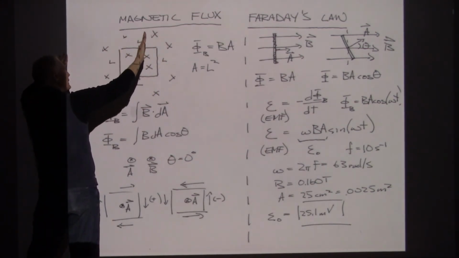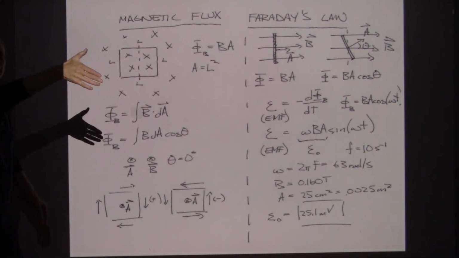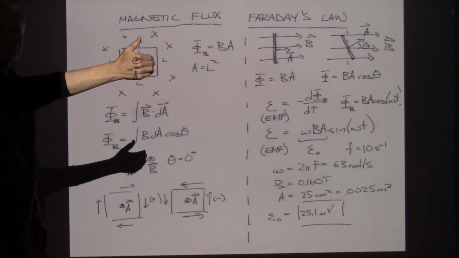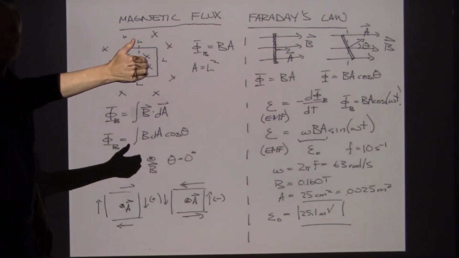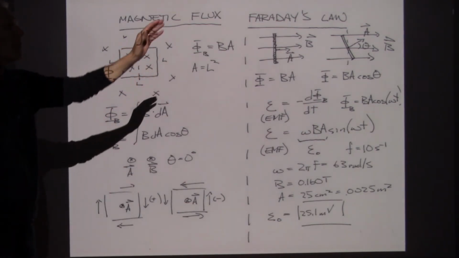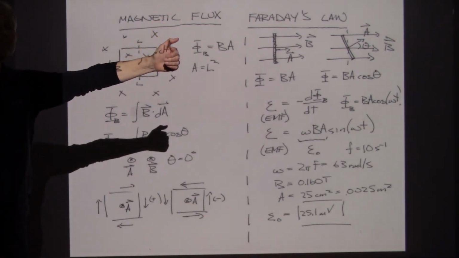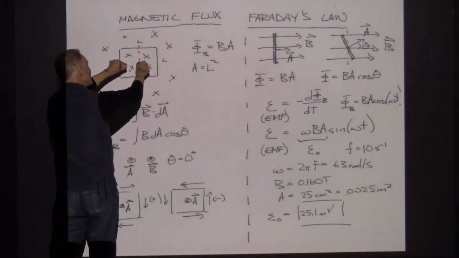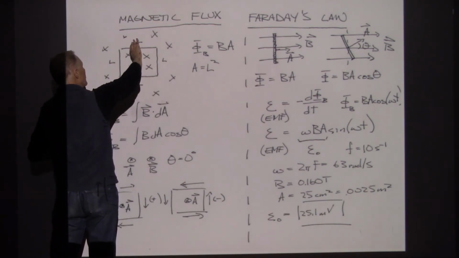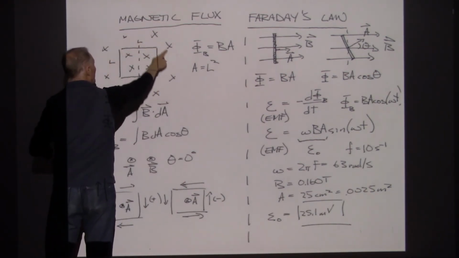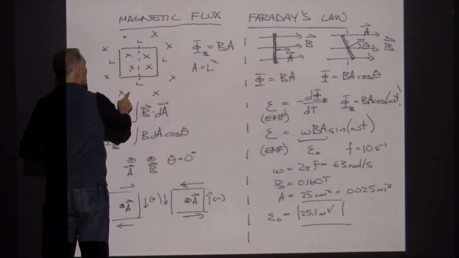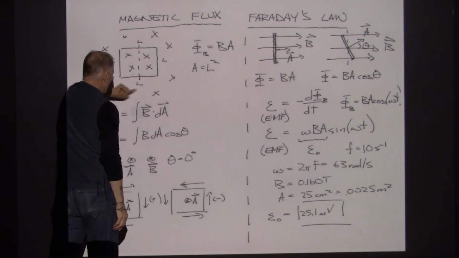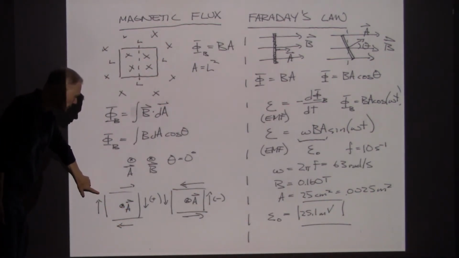So mathematically, if we define the area vector in the direction of my thumb, then the fingers of my right hand will go in the direction of positive motion around the perimeter. My left hand will show me what direction is negative. And so with this definition, if I choose to put the area vector into the page, then positive direction around the perimeter would be clockwise, and negative direction would be back like this. And so that's what I've shown here.